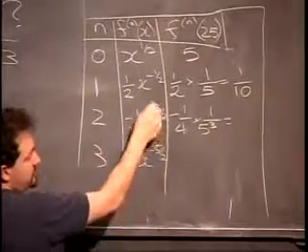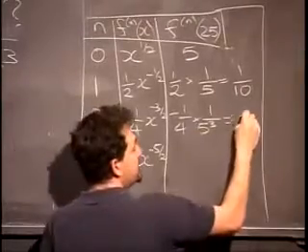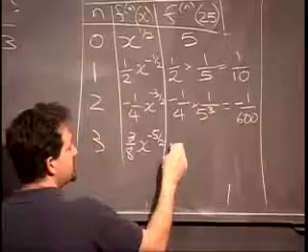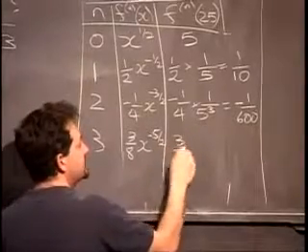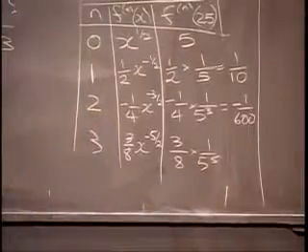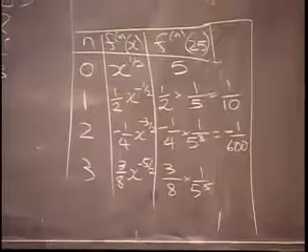Right? 25 to the minus 3/2, by the way, is 1 over 5 cubed. So this is minus 1 over 500. And gee, this is starting to get hairy here. This is 3/8 times 1 over 5 to the 5. I don't even know what that is, so I'll just leave it.